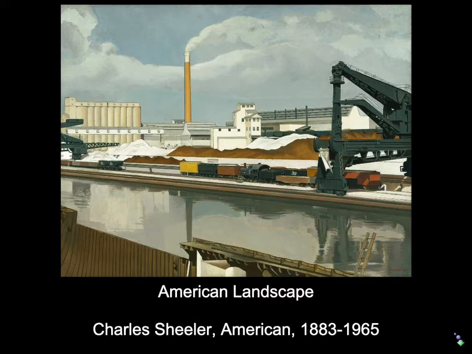There's even a movement called machine aesthetics, where the machine is greatly admired and manufacturing is greatly admired. We still admire these today, but there's also now problematic with the environment. But Sheeler celebrates it, but he celebrates it in his own very quiet, precisionist way.